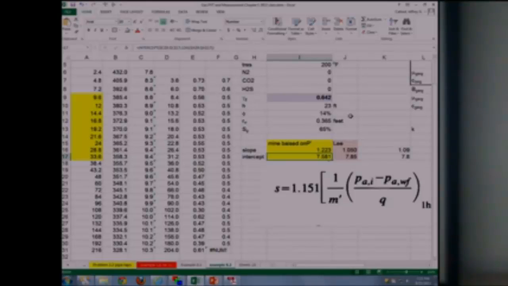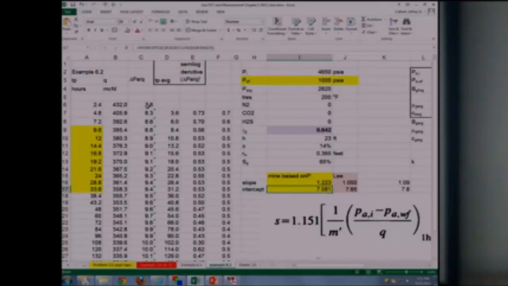These equations are for a well that's produced at constant rate. And we're using an approximation of reciprocal rate. Okay? This whole technique is an approximation.